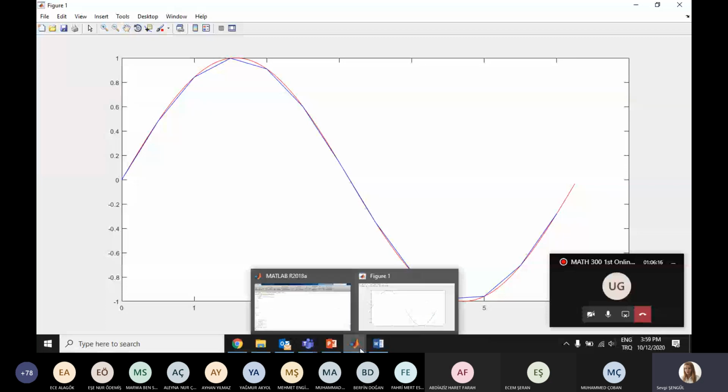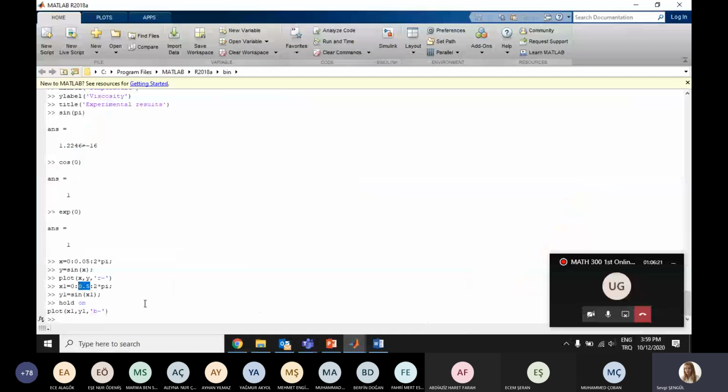Okay? This is just to show you it is important how you define your increment. It should be small enough. If it gets very small, of course, it will take some time. These are easy calculations, but for your other calculations, it can take some time. But for the smoothness part, to get all the information you want, you need a small increment. Okay?